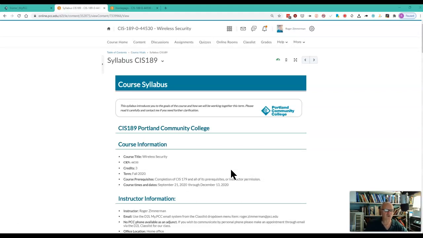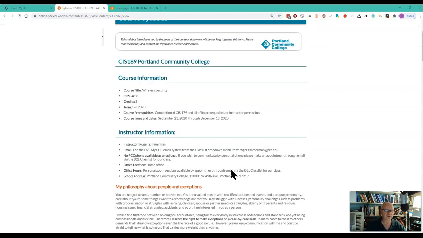I want to go over this syllabus a little bit with you and talk about some of the highlights and some of the important things. First of all, as far as getting a hold of me to ask questions and so forth, I do keep an open discussion area in the course shell, but it is not the place to ask me questions. It is a place for you as students to interact with each other.